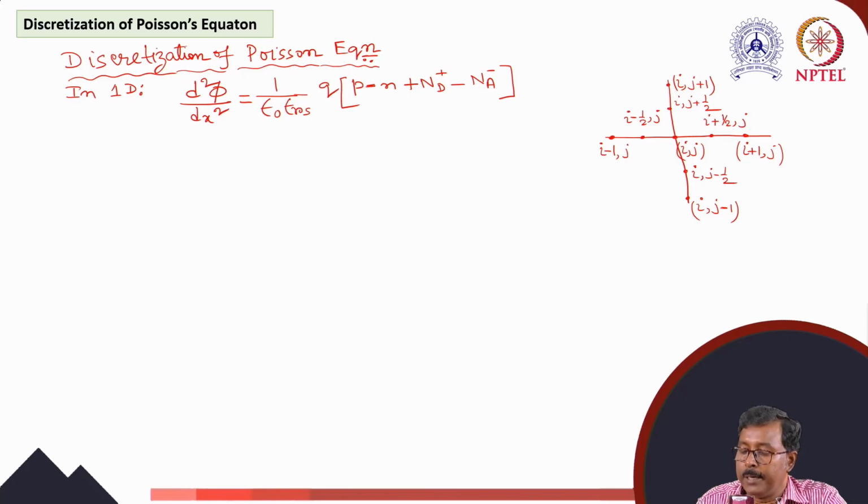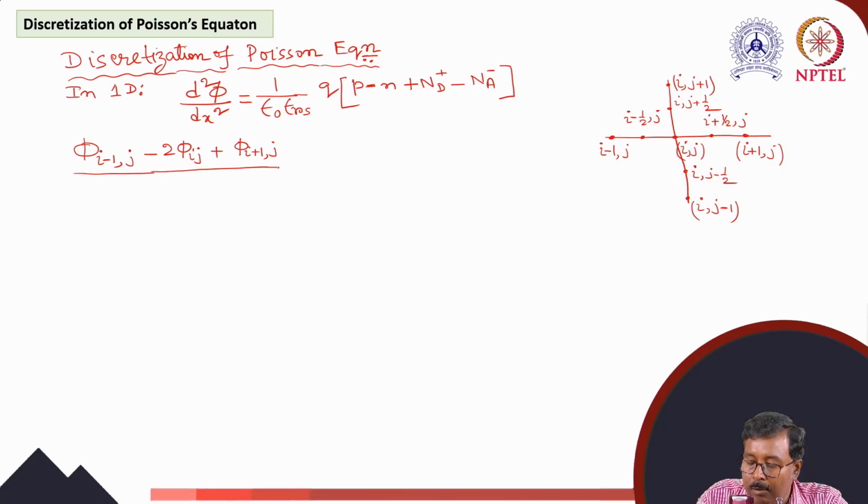So you write the equation. So del square phi del x square formula we know. So we can write phi I minus 1 j minus twice phi I j plus phi I plus 1 j divided by delta x square. That is the second order derivative formula I am using.